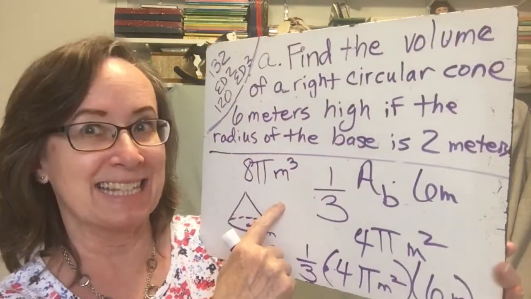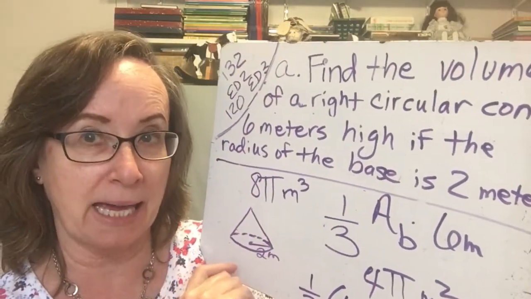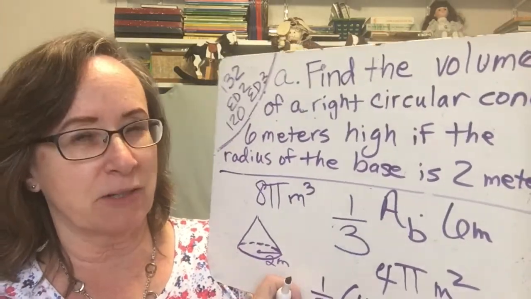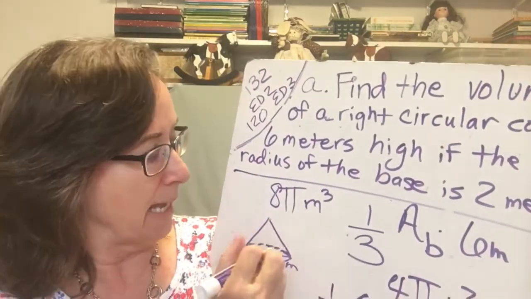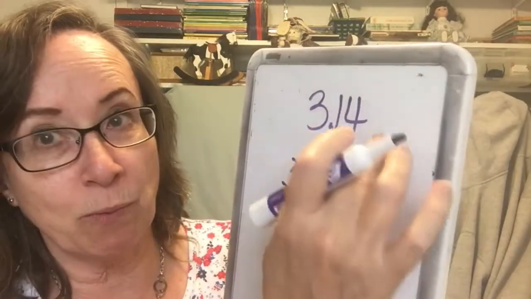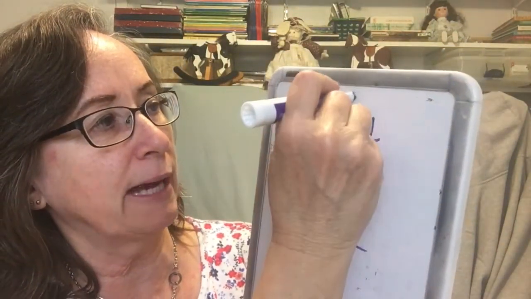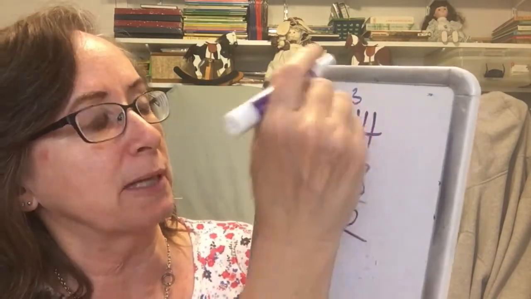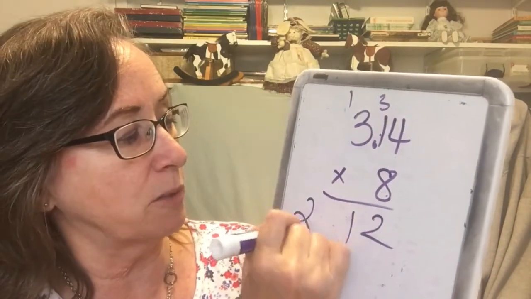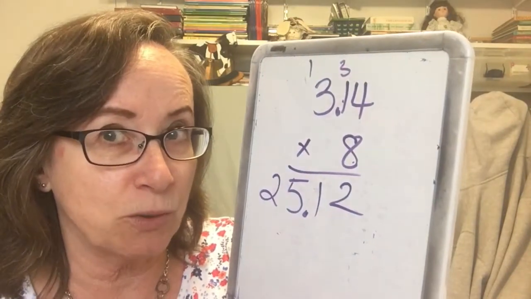Now that's the exact answer, but very often your book is going to tell you to take the pi and make it 3.14. So for an approximate answer that maybe means a little bit more to us, let's take 3.14 and multiply by the 8. So 3.14 approximate for pi: 4 times 8 is 32, carry the 3, 1 times 8 is 8, plus 3 is 11, and 3 times 8 is 24, plus 1 is 25 with 2 decimal places, so 25.12.